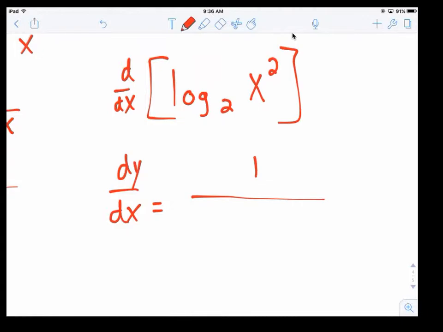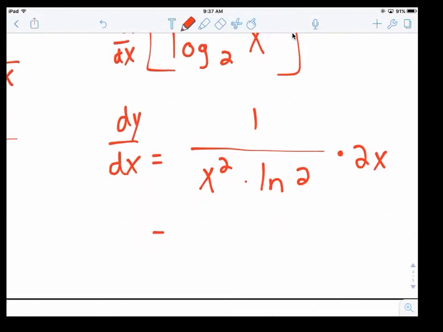X squared, right? So x squared is going to go in the denominator, times the ln of the base, and what's the base here? 2. And then you just got to remember the chain rule. So what are you taking the log of? X squared, right? So the derivative of x squared would be 2x. Right? So you would have 2x over x squared ln of 2.